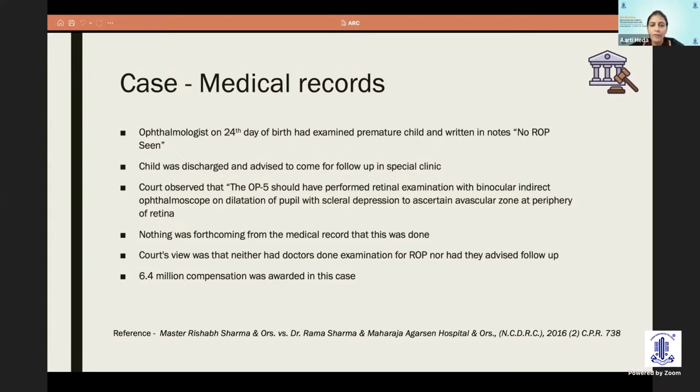Nothing was forthcoming from the medical records at this time. The court's view was that neither had the doctors done the examination for ROP, nor had they advised the follow-up. So about 6.4 million compensation was awarded in this case.